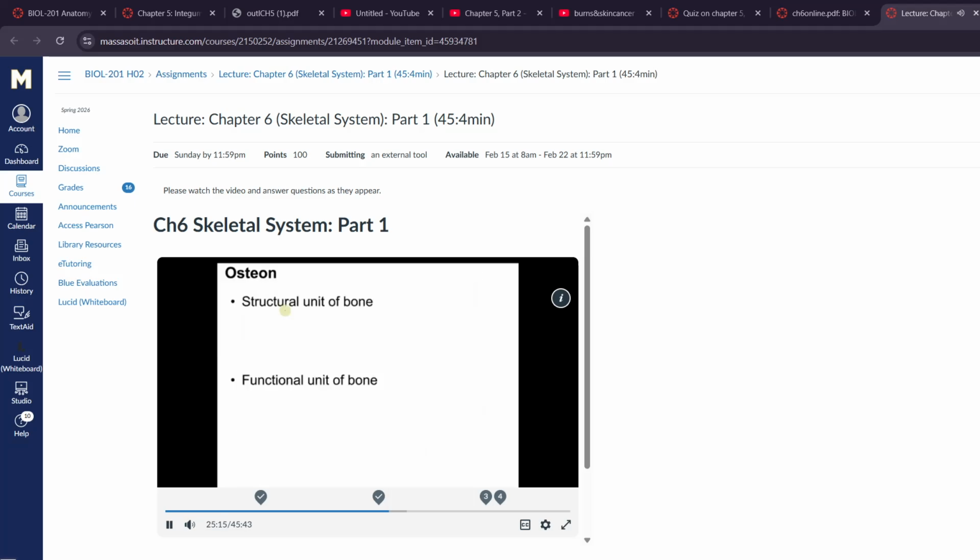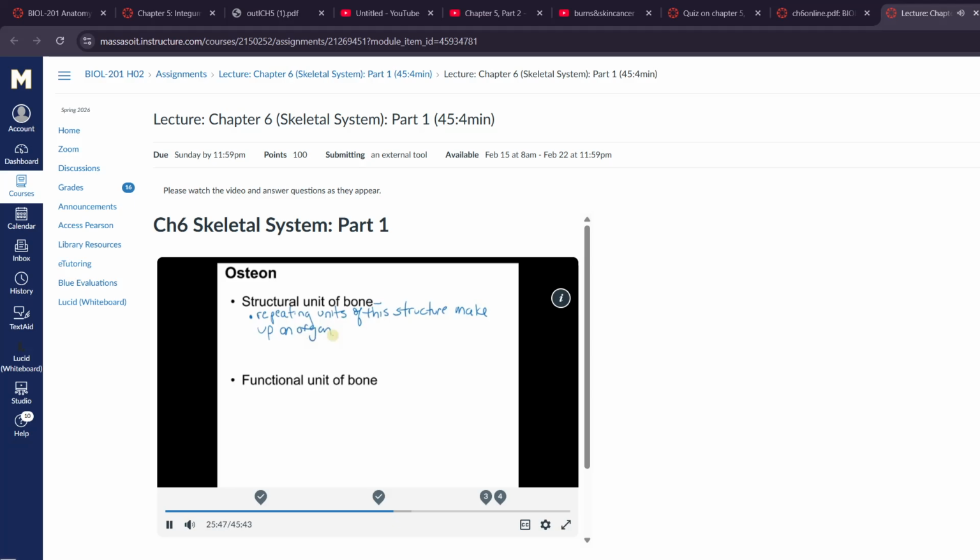And there is a term for this. It's called the structural unit of bone. So the structural unit is the repeating unit that makes up an organ. We're going to find this in many different organ systems.